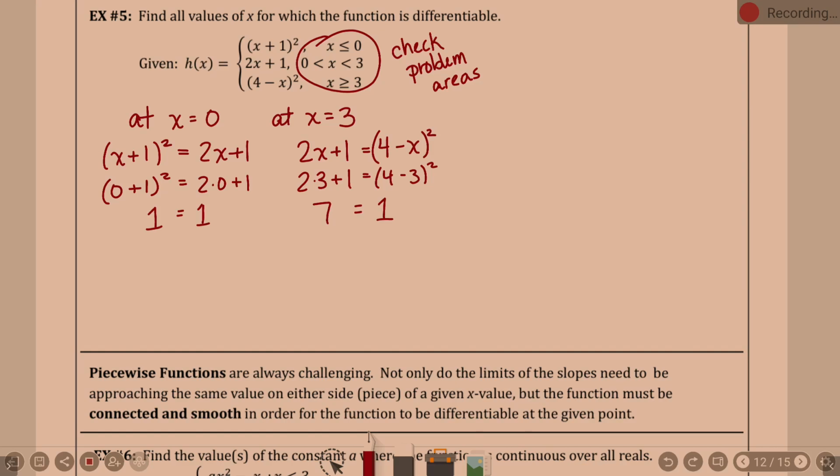Absolutely no. Okay. 17. So at x equals 3, we definitely have a problem, yes? At x equals 3, my graph is not continuous, which means it cannot be differentiable at that point.